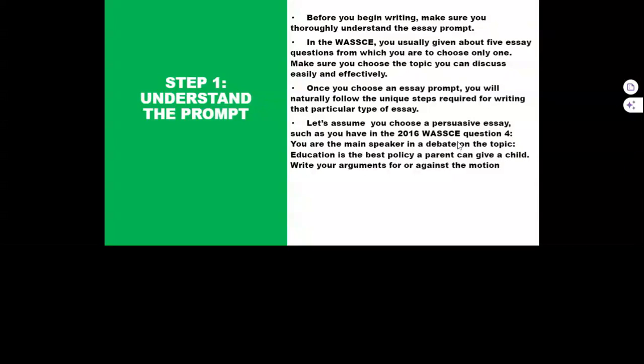You are the main speaker in a debate on the topic, education is the best policy a parent can give a child. Write your arguments for or against the motion. So this is a persuasive essay question, and we are going to look at the key steps in writing this type of question.